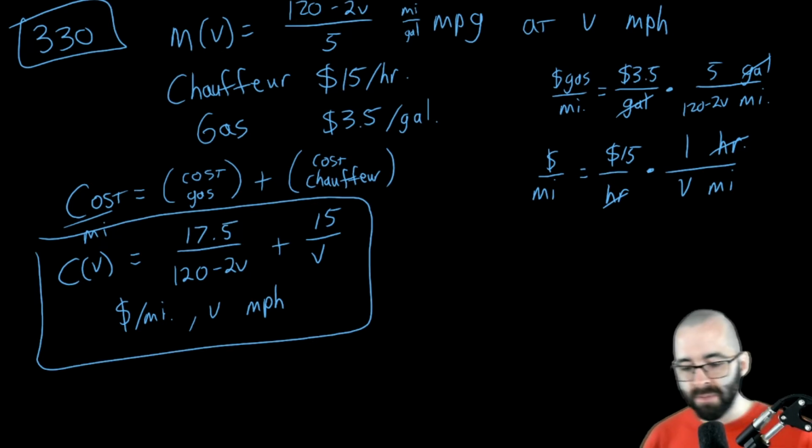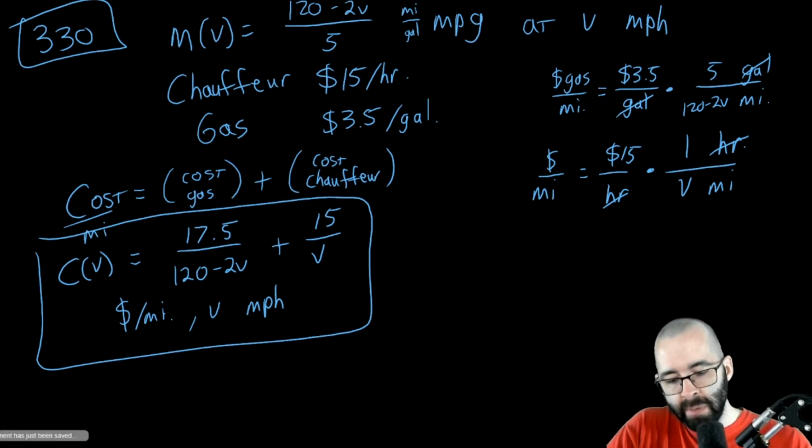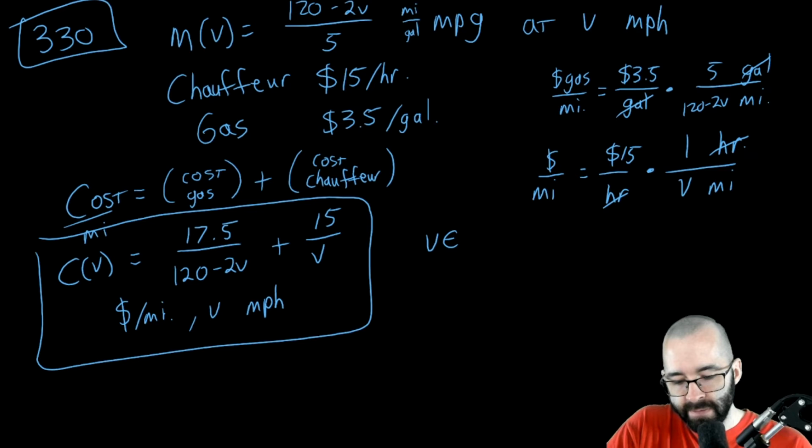And in 331, you can find the maximum. Your domain in this function, V goes on the interval from 0, and 0 can't be included here because that would cause us to divide by 0. And the biggest we can get is 60.